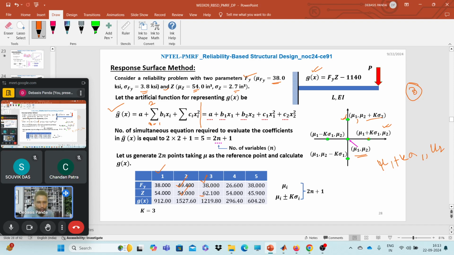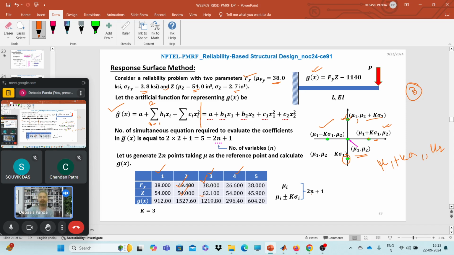Now the fourth point will be mu1 minus k sigma, because for the first point we considered mu1 plus k sigma. So here that will be mu1 minus k sigma and mu2. So the first point is the mean, the second point is this, the third point is this, the fourth point is this, and we have the fifth point here.